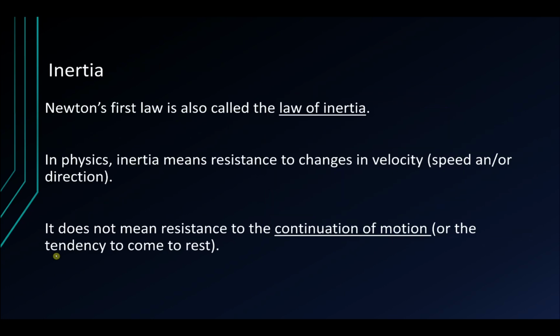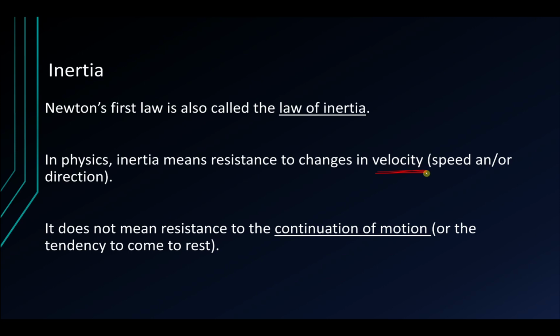So this gives us the idea of inertia, right? Newton's first law is also sometimes called the law of inertia, and inertia just means resistance to change in velocity, right? So what is a change in velocity? A change in velocity is acceleration. And this doesn't have to just be a change in the magnitude of velocity, or the speed of the object.